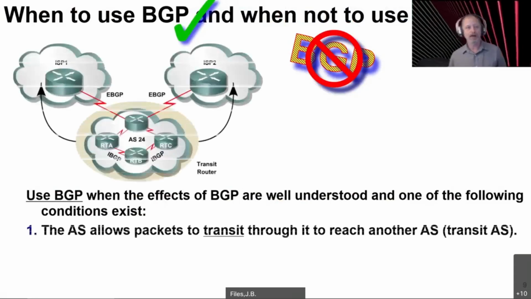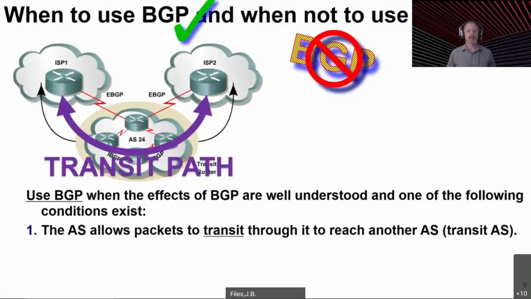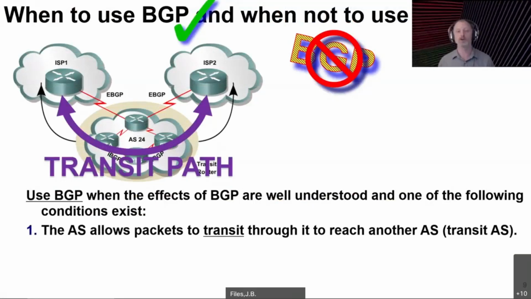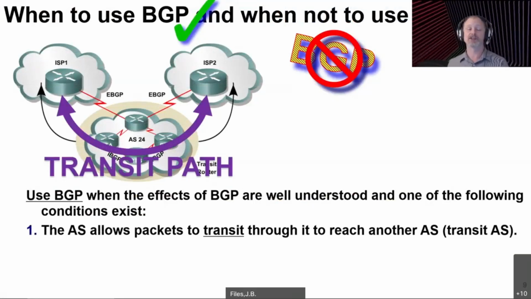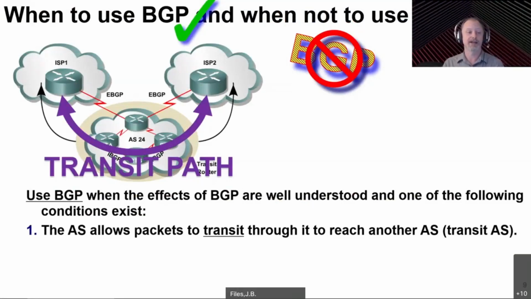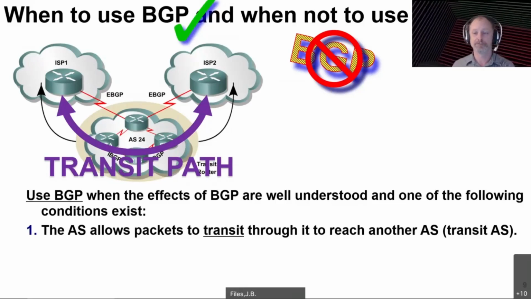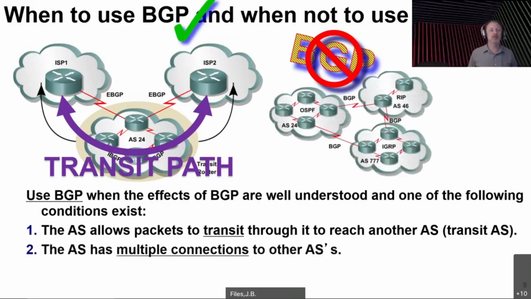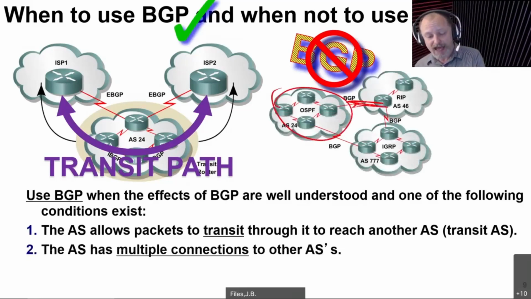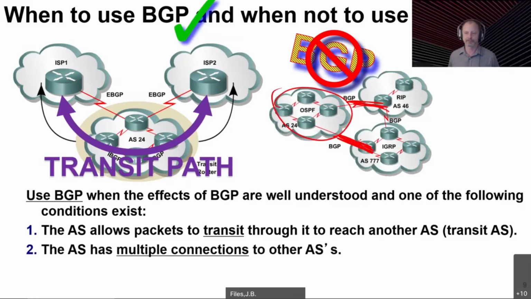One of which is the autonomous system is a transit autonomous system that allows other autonomous systems to reach each other through its own network. That is the definition of a service provider. The other time you might want to use it is if your autonomous system has more than one path to the outside world.